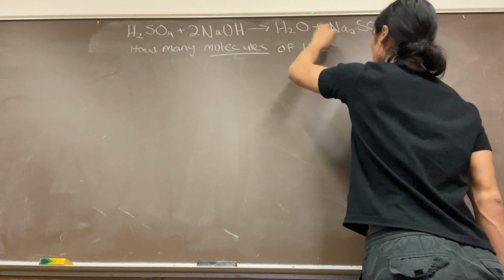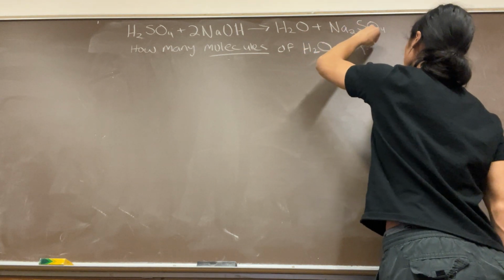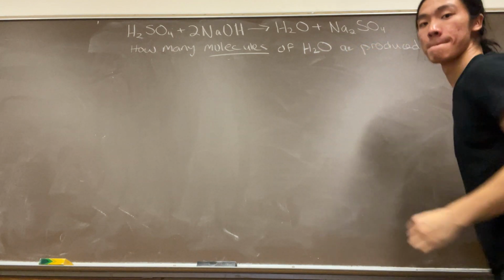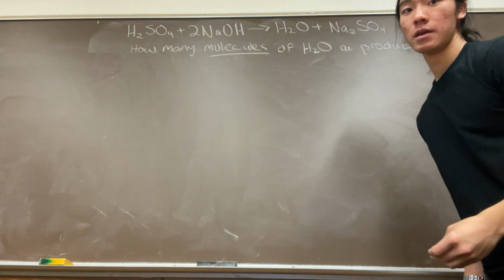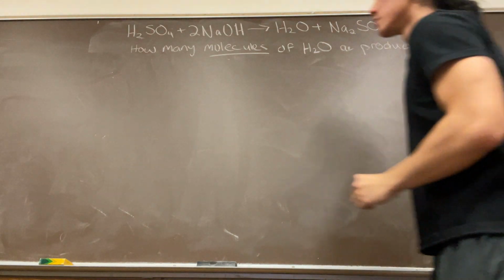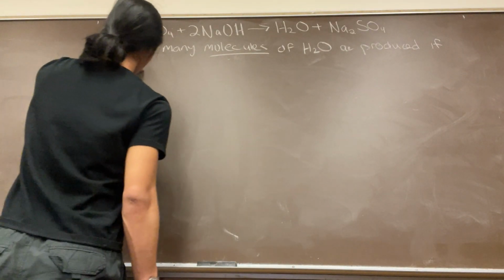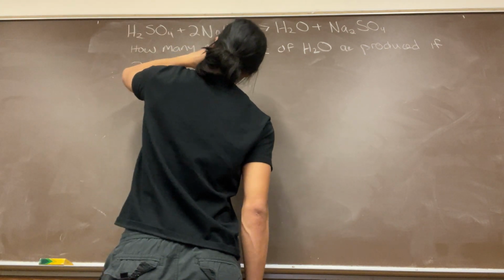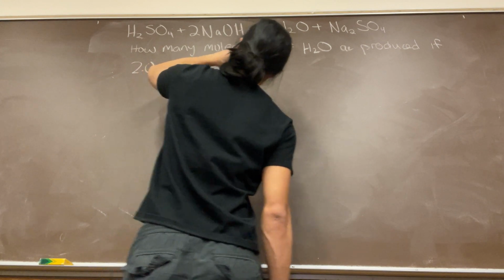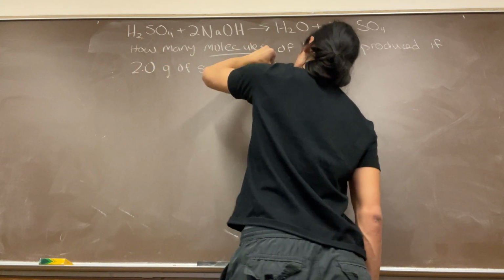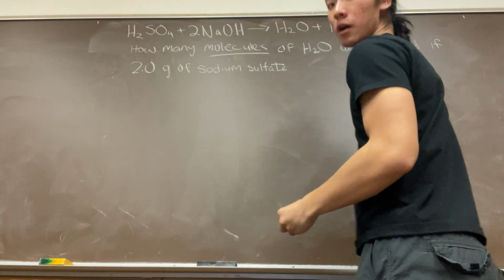H2O are produced if 2 grams of sodium sulfate are produced.